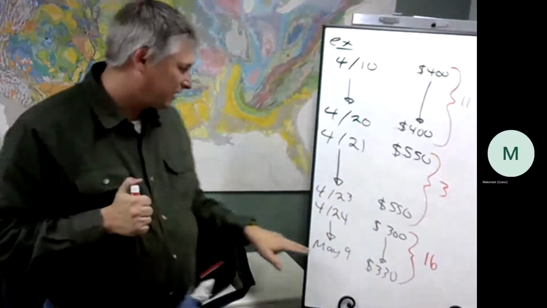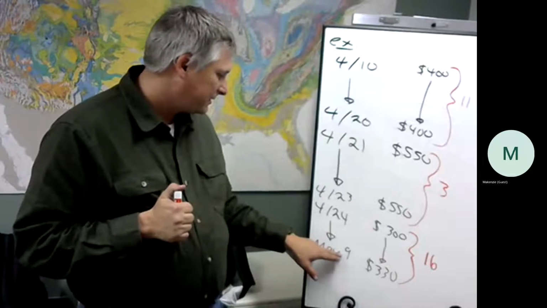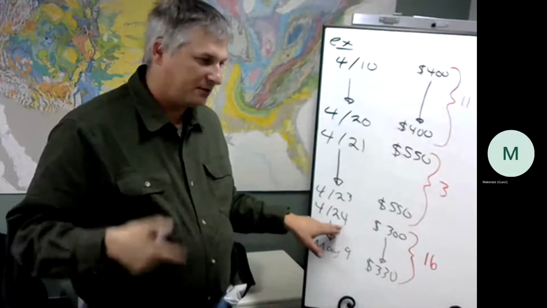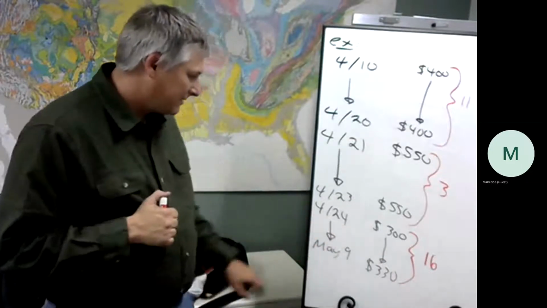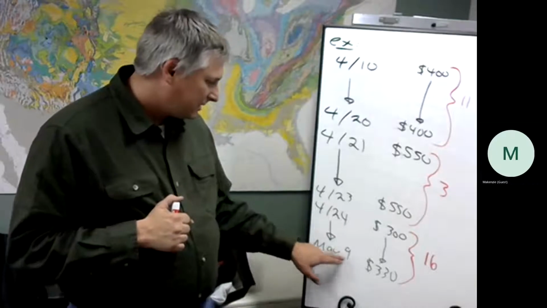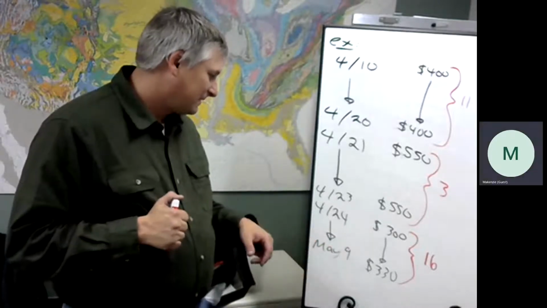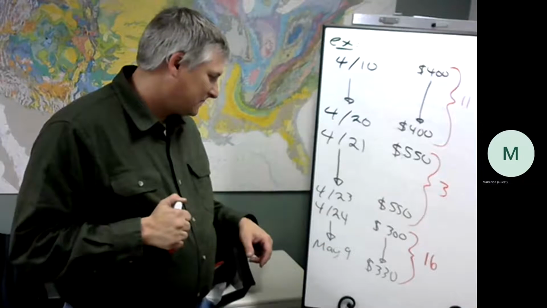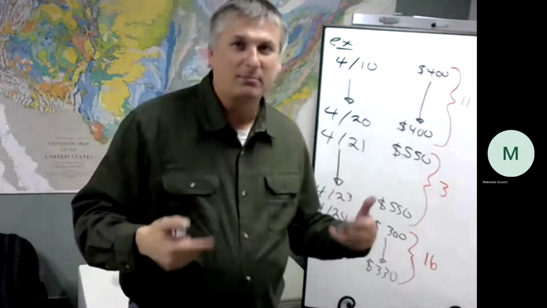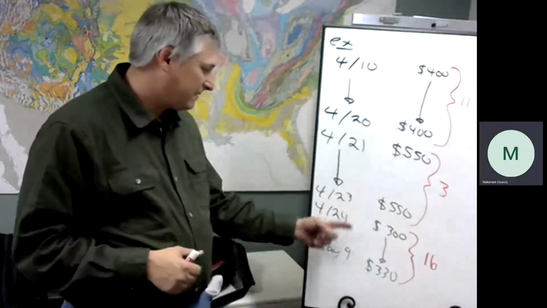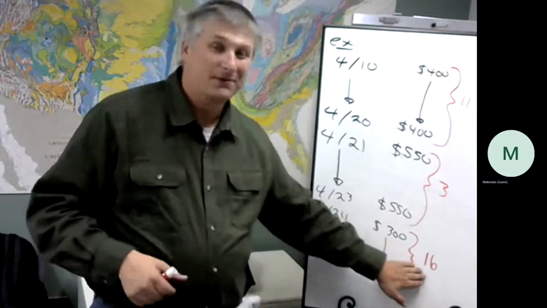This one could be a little tricky. You could say April 30th minus the 24 is 6, add 1 is 7. And then you would do May 9th to May 1st: 9 minus 1 is 8, plus 1 is 9. And then the 7 plus the 9 would give you the 16.